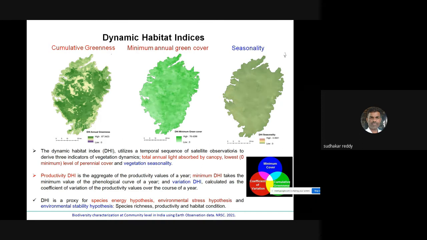Similarly, in addressing habitat conditions, like an increasing or decreasing trend of green cover and other climate-induced or anthropogenic changes, we can develop and identify them by having this kind of database. These dynamic habitat indices can be generated at annual to decadal scales, and we can identify areas which are showing a negative trend and a positive trend.